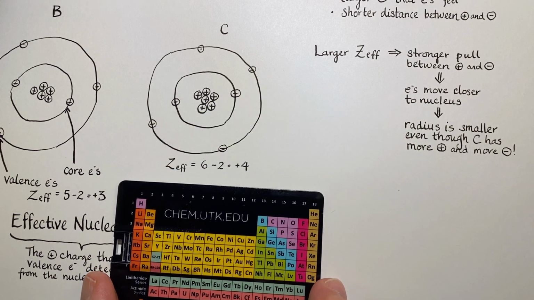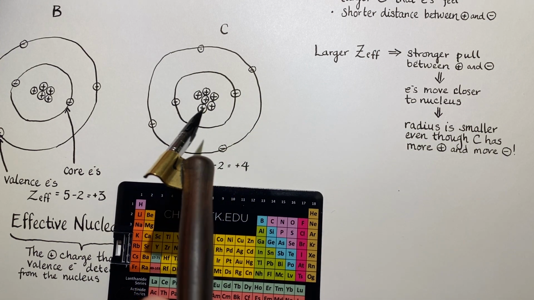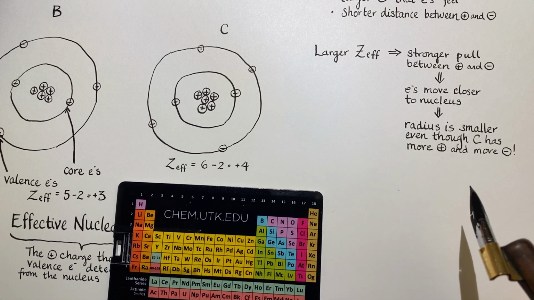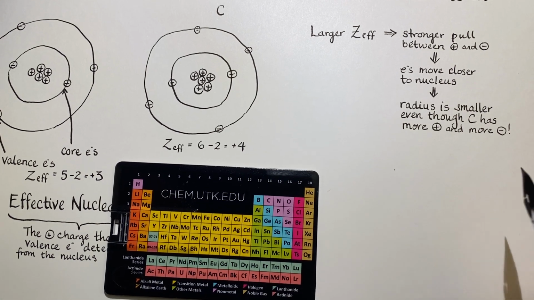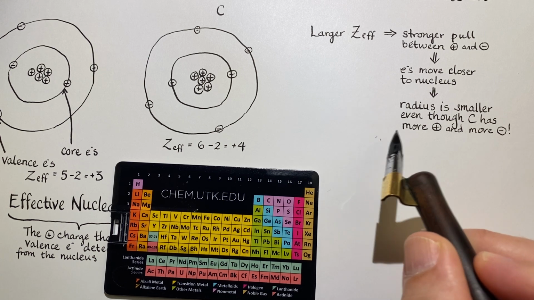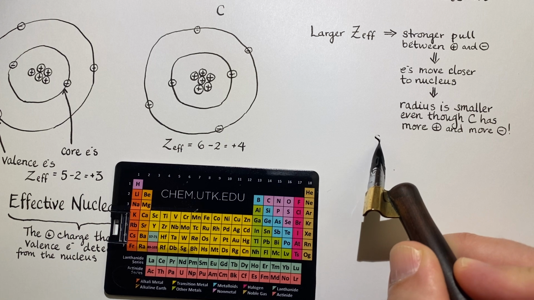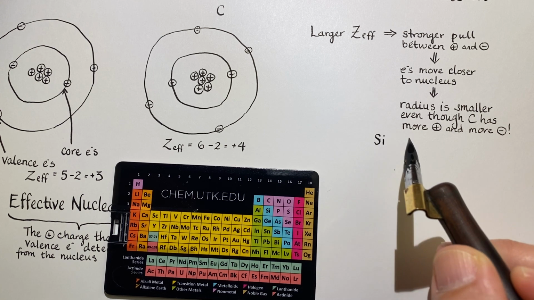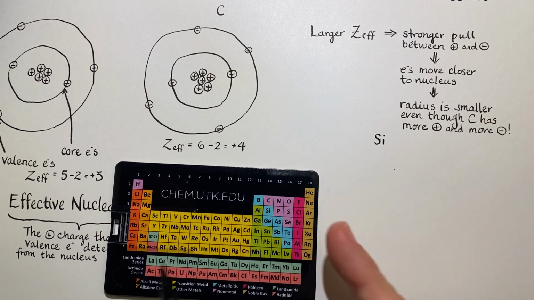And let's compare, since we just drew carbon here, let's look at what's directly below carbon on the periodic table. Right below carbon, silicon. So if we were to draw a sketch of a silicon atom using the same simplistic view, but it still works to show this concept.